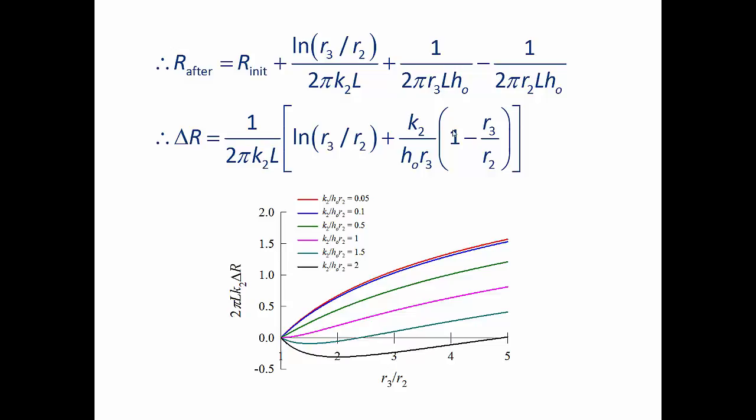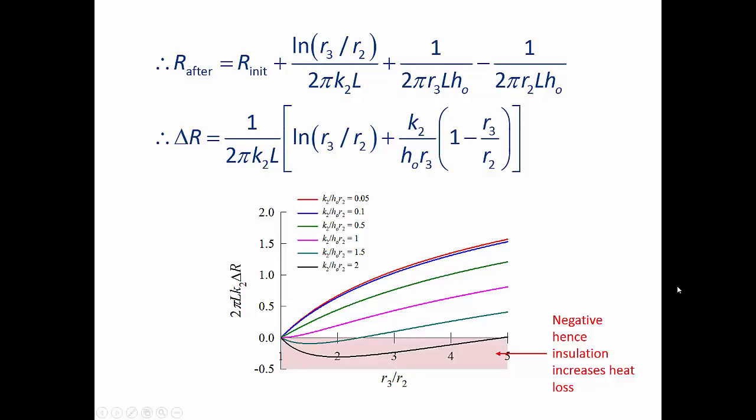I've then plotted in the graph below delta R versus the radius ratio R3 over R2. Now the interesting thing about this result is you see that some of these results are actually negative, and that implies that insulation actually increases the heat loss.